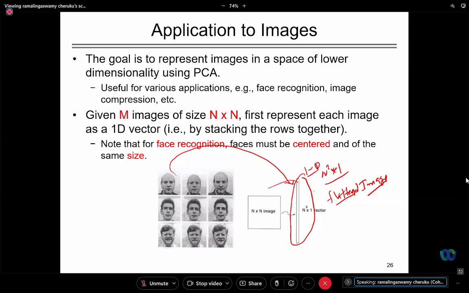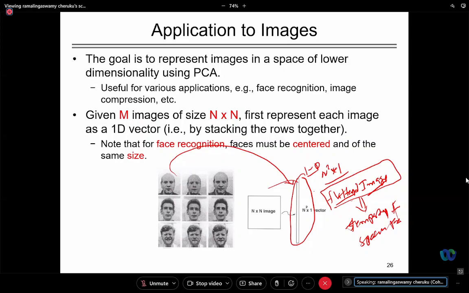Now, what happens when you flatten the image? Sometimes you may lose temporal or spatial features, which may relate to position, illumination, and all this stuff.